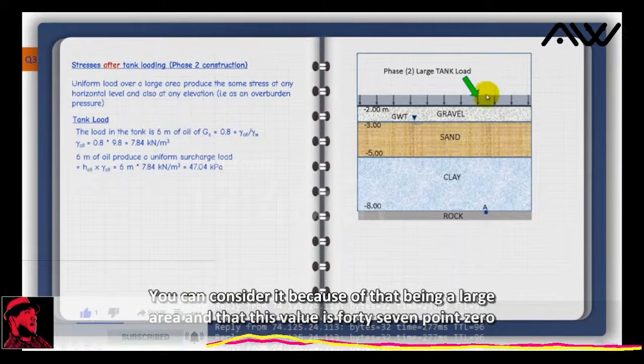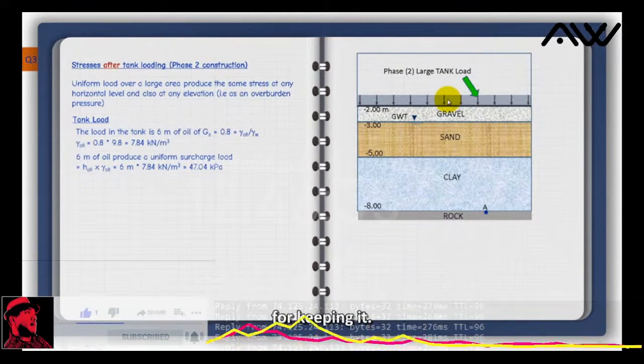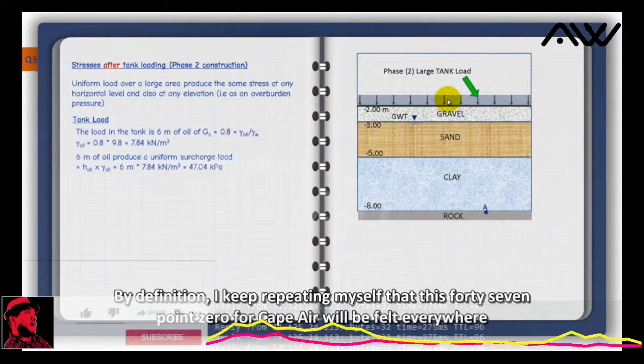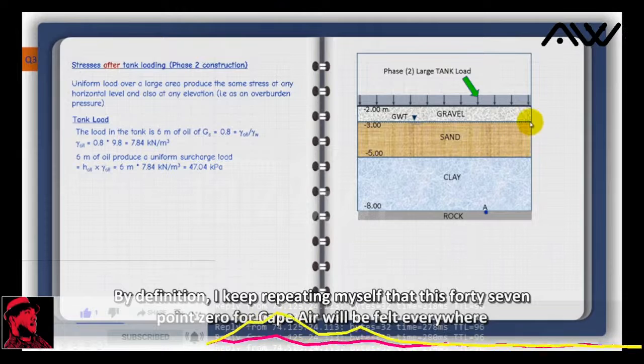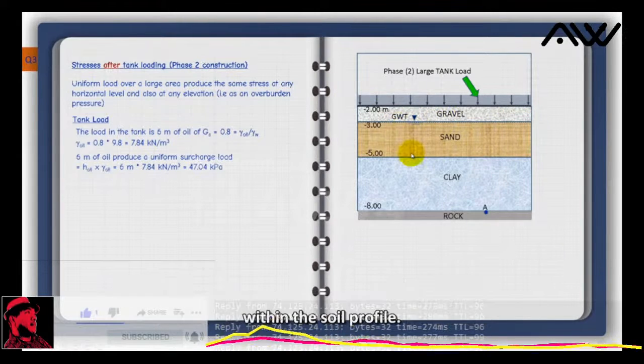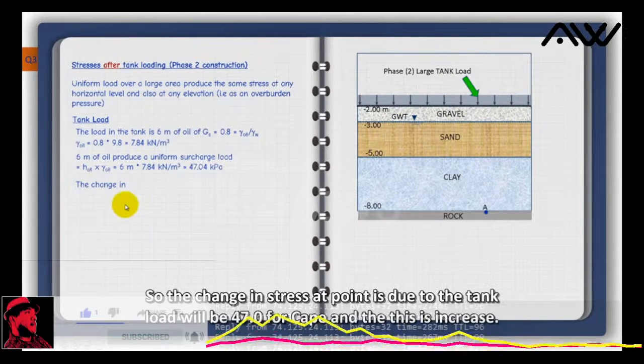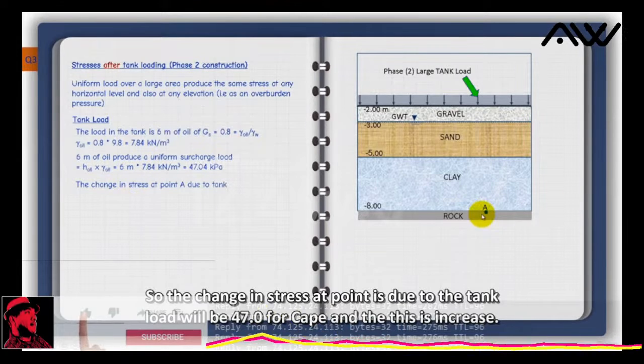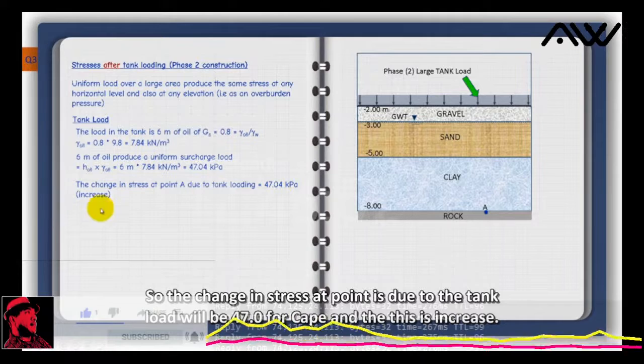You can consider it so because of the large area, and this value is 47.04 kPa. By definition, I keep repeating myself, this 47.04 kPa will be felt everywhere within the soil profile. So the change in stress at point A due to the tank load will be 47.04 kPa, and this is an increase.